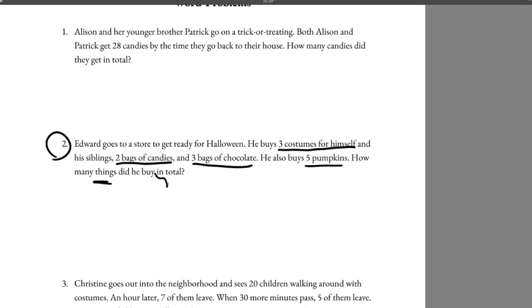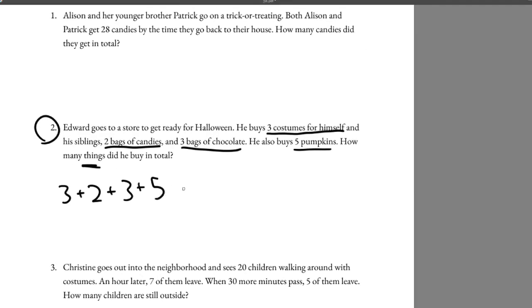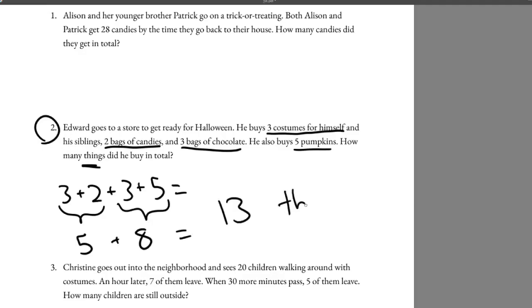So from the phrase in total, we know that this is an addition problem. Now the way we solve this is just adding up all the things that he bought, which should give us 3 plus 2 plus 5 plus 3 plus 5. And then if we simplify this, we get 3 plus 2 is 5, and 3 plus 5 is 8, giving us our answer, 13 things.